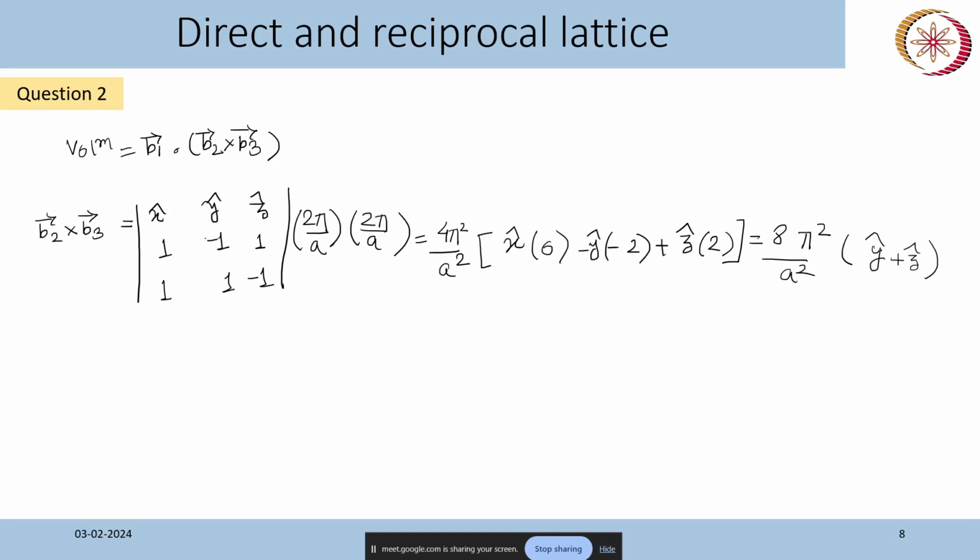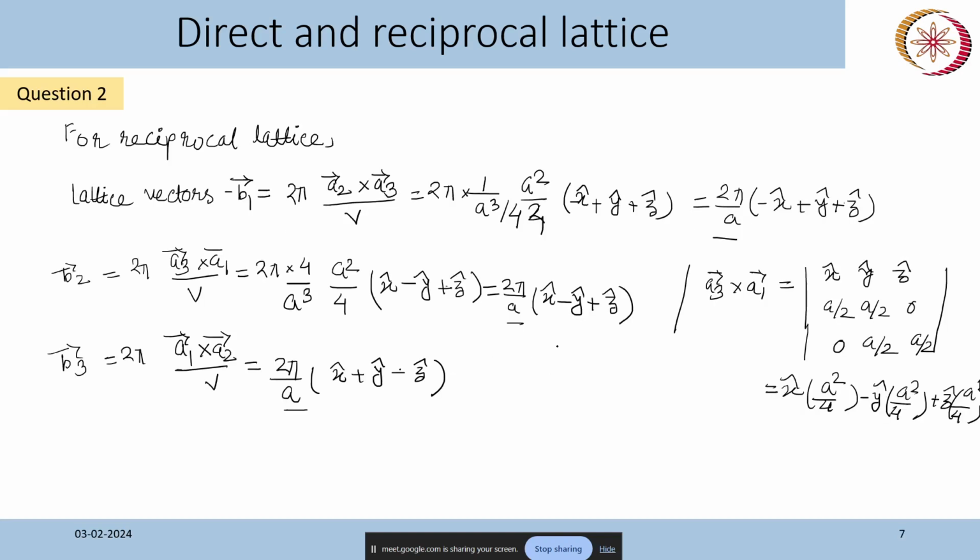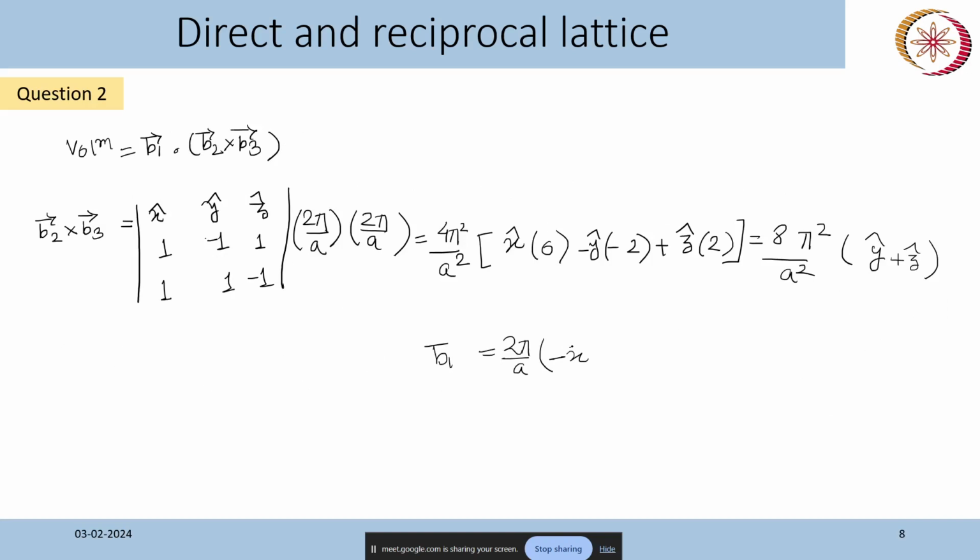Okay, now our B1 was 2 pi by a. Just let me check. Okay, minus x cap plus y cap plus z cap.